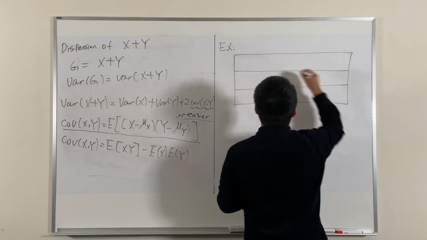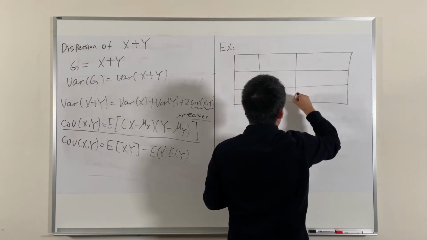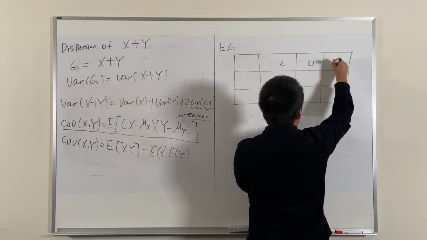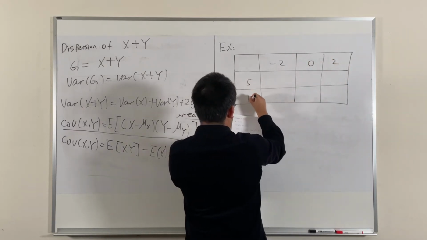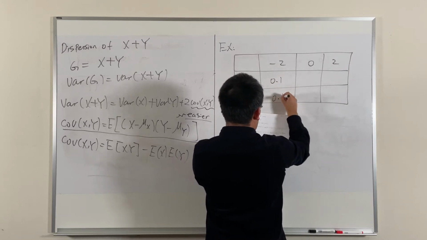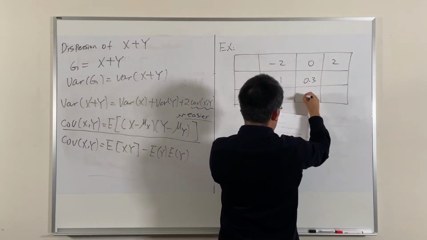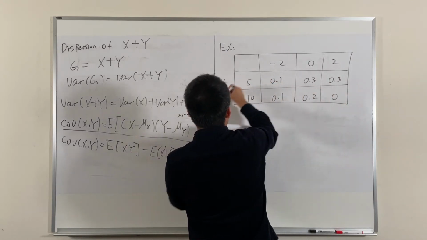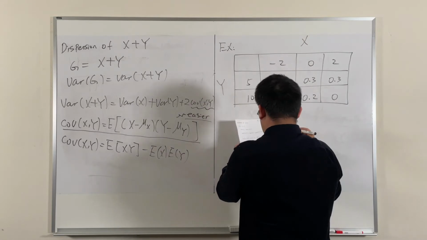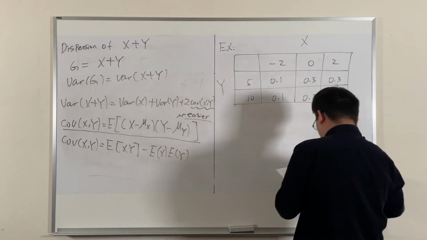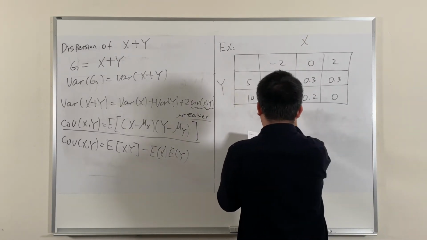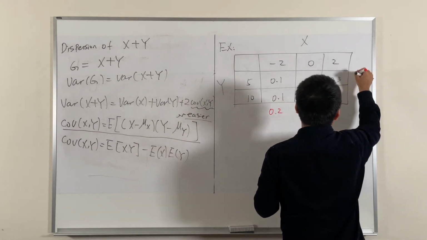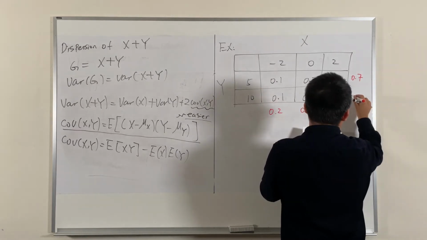The x values are -2, 0, 2 and the y values are 5, 10, with joint probabilities 0.1, 0.1, 0.3, 0.2, 0.3, 0, and the marginal probabilities 0.2, 0.5, 0.3 for x and 0.7, 0.3 for y.